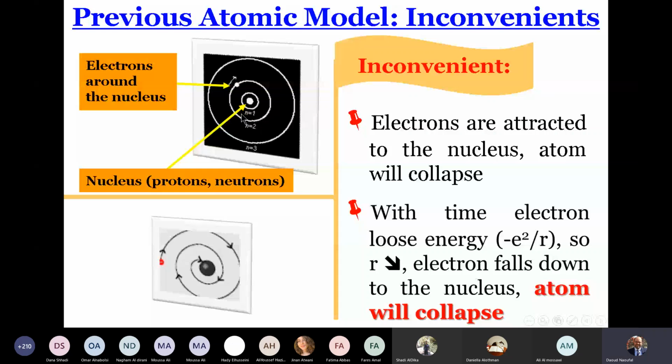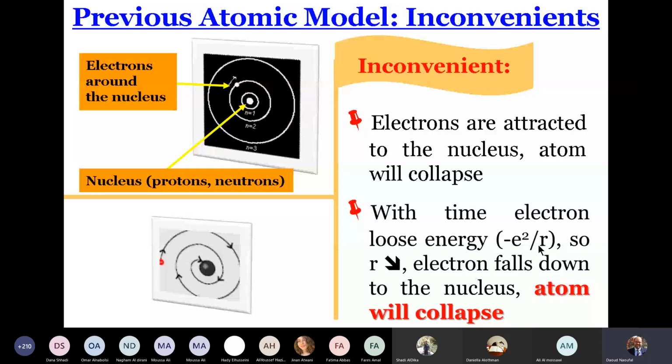The potential energy of the electron around the nucleus is equal to the charge of the electron times the charge of the proton divided by r, which is the distance between the nucleus and this electron. So the potential energy is equal minus E squared divided by r. And r is the distance between the nucleus and the electron in motion.